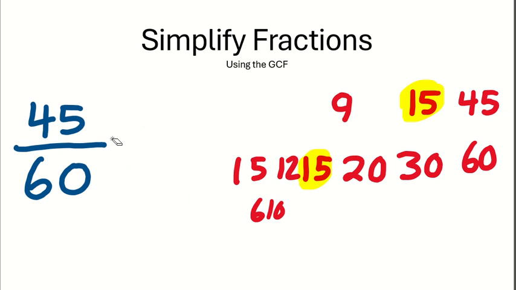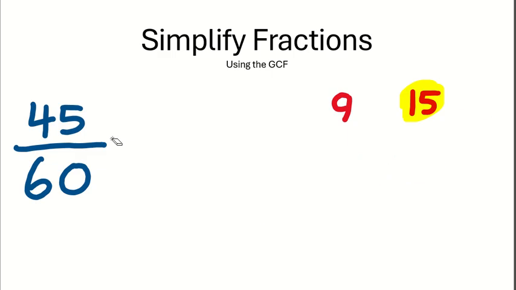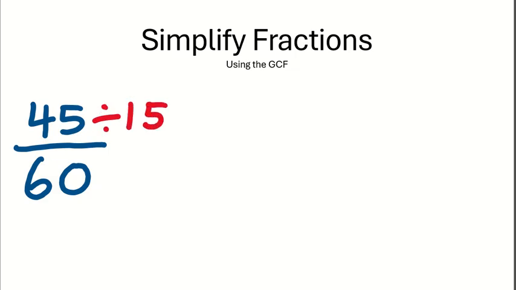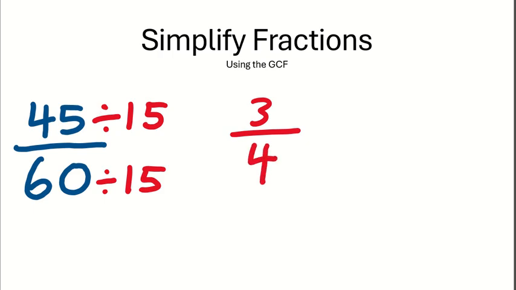Let's do some simplifying, and let's call it a day, shall we? 45 divided by 15 is 3. And 60 divided by 15 is 4. Thus, the simplest form of 45 over 60 is 3/4.